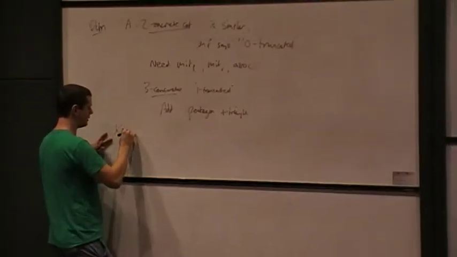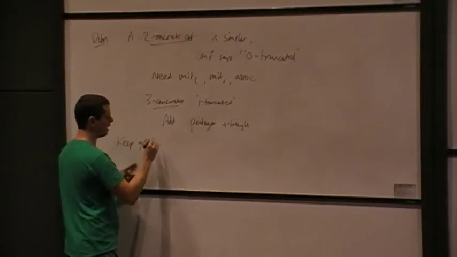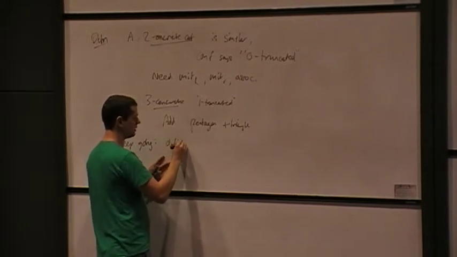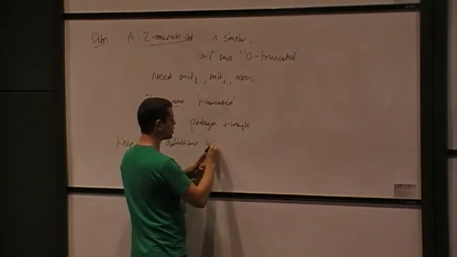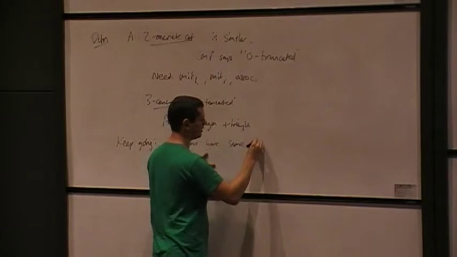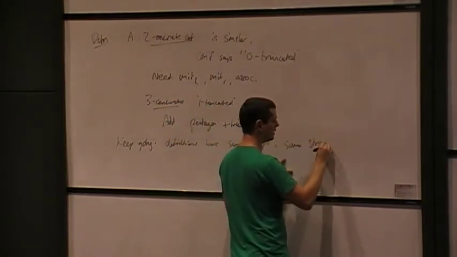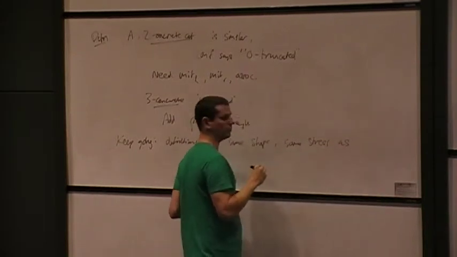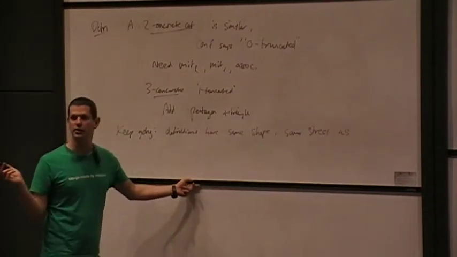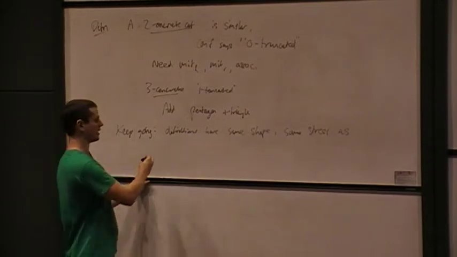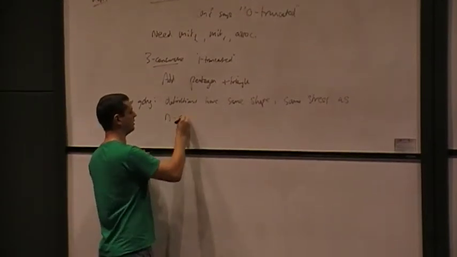And you can keep going. The definitions have the same shape and same stress as writing out definitions of higher categories. Just writing down definitions of any categories, that is.